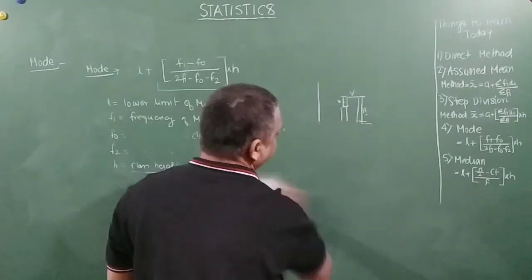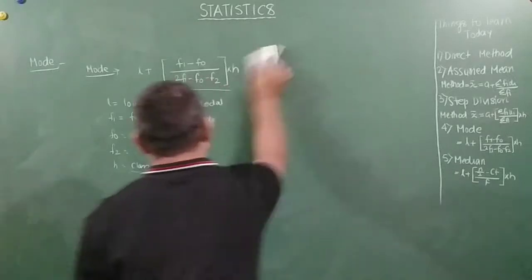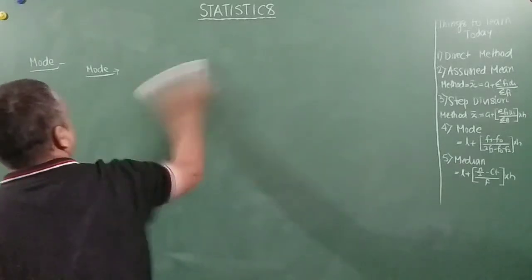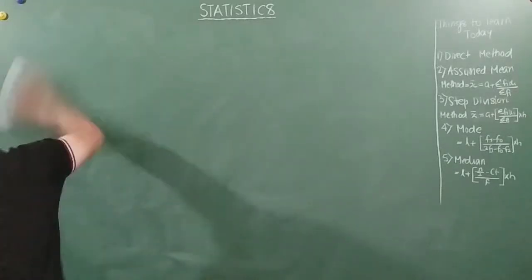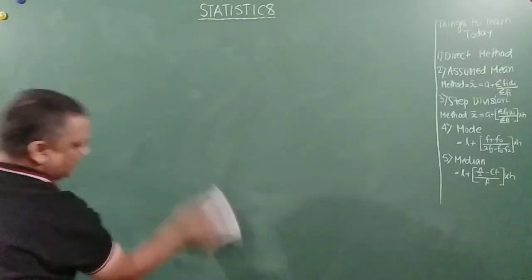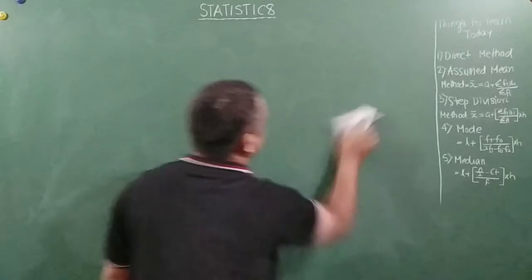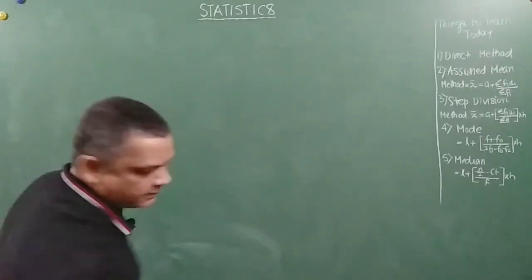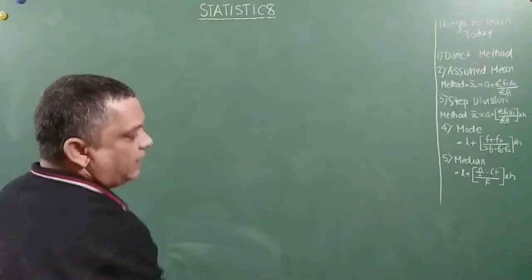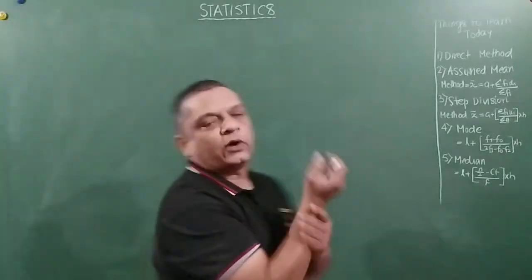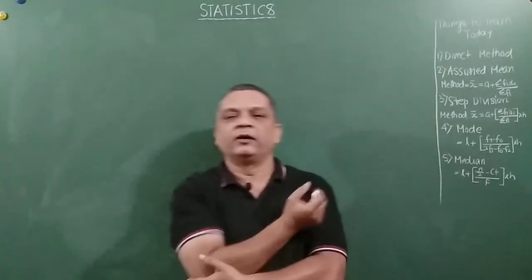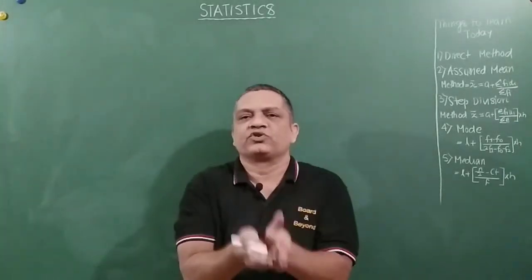Okay. So what is a median, friend? Median is basically the middlemost data around which all the other data are aligned. In raw data, we will be able to find the median very easily, the centermost data.